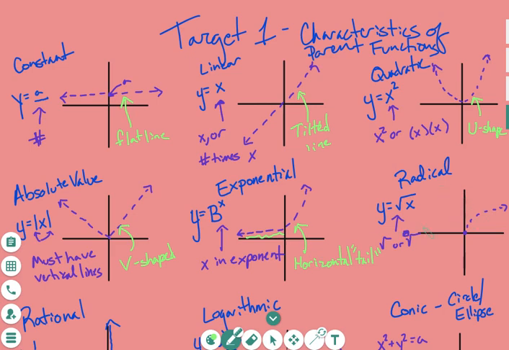Radicals, if you're dealing with a square root type radical, will have a starting point. If you're dealing with a cube root, it'll have a slightly different appearance at that point.